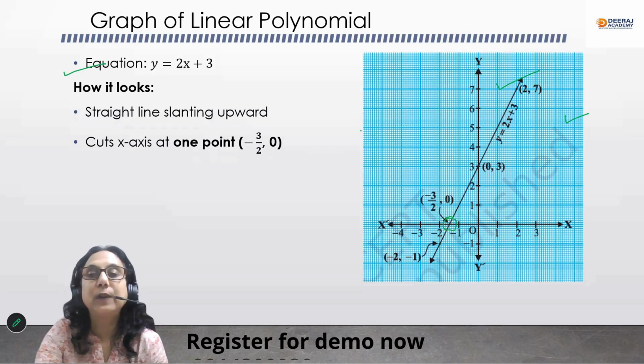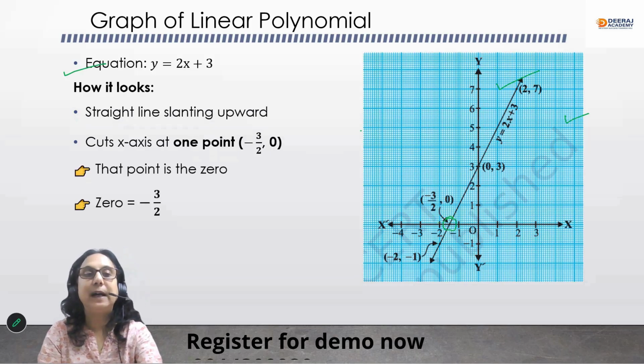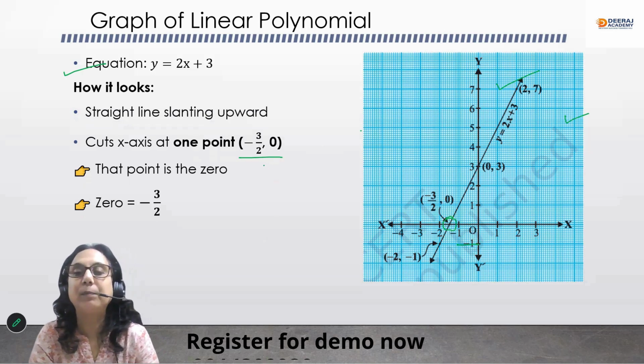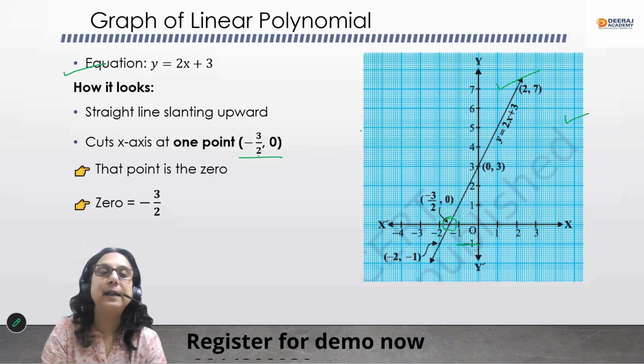So what is the value of this coordinate where the graph cuts the x-axis? The value is (-3/2, 0). So this is the coordinate of the point where the graph cuts the x-axis.